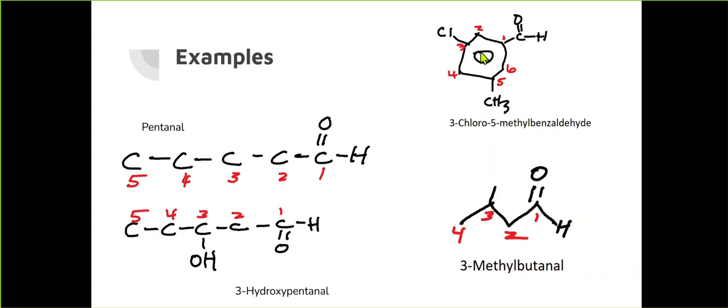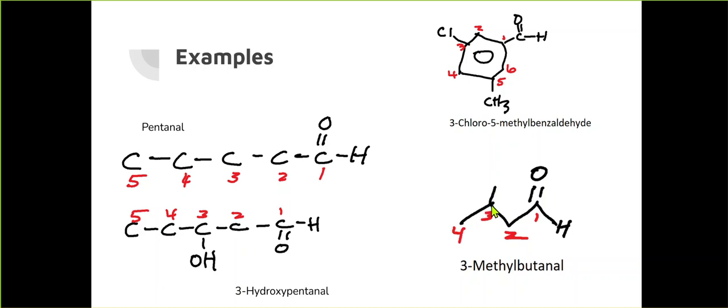And then here we have our benzene ring. The circle in the middle is denoting benzene. We're going to start numbering on this carbonyl group here. And then you alphabetize like normal. So you're going to go 3-chloro-5-methyl benzaldehyde. And then down here we've got 1, 2, 3, 4 carbons.